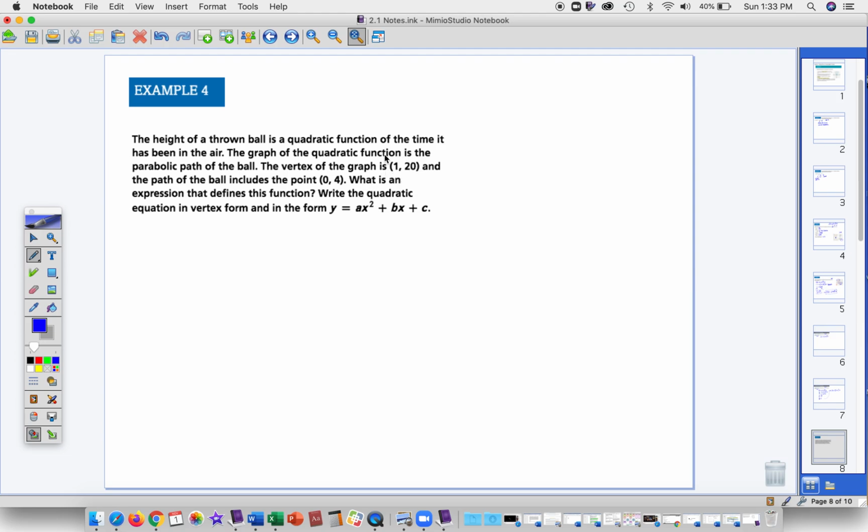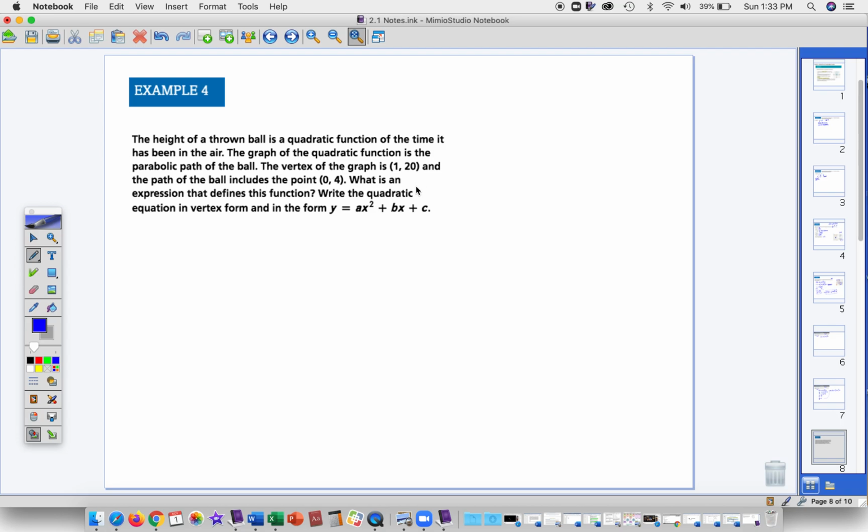So what does that mean? Think about it. It's the function of time that it's been in the air. So if this time is in seconds, that means after 1 second, the height of the ball is 20 feet, if this is in feet.